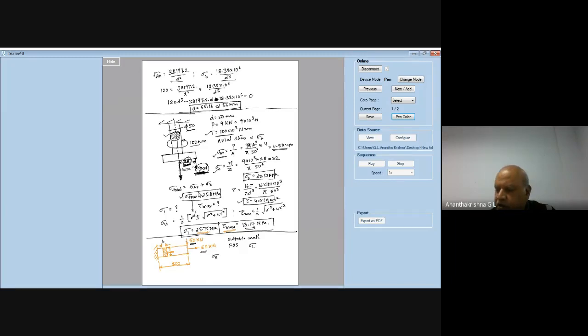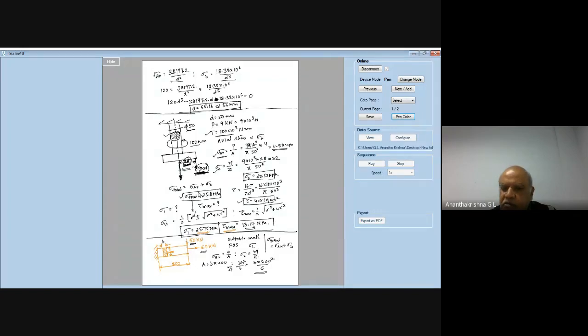So what we are going to have is sigma axial given by P by A, sigma B given by M by Z. Here the area of cross section is going to be B into 200, and Z is going to be BH square by 6 for a rectangular cross section. So that is B into 200 square by 6 is going to be the value of Z. So the resultant stress sigma total is equal to sigma axial plus sigma bending.